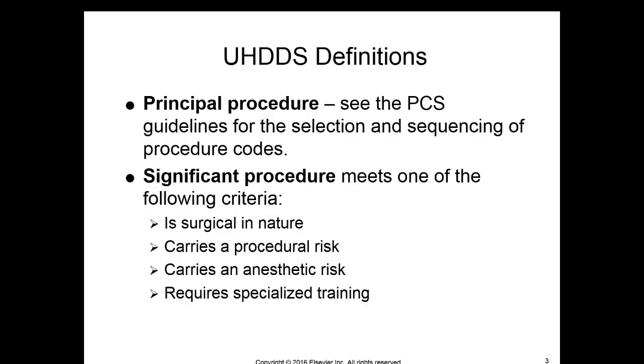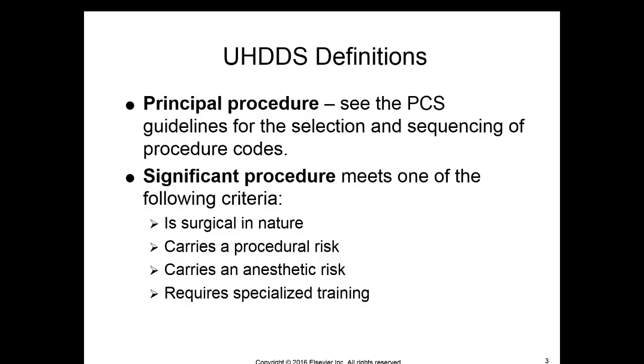And definitive treatments are performed for both of those. Well, the most severe of those injuries would be the fracture of the femur, so we would sequence the principal procedure as the reduction of the fracture of that femur.